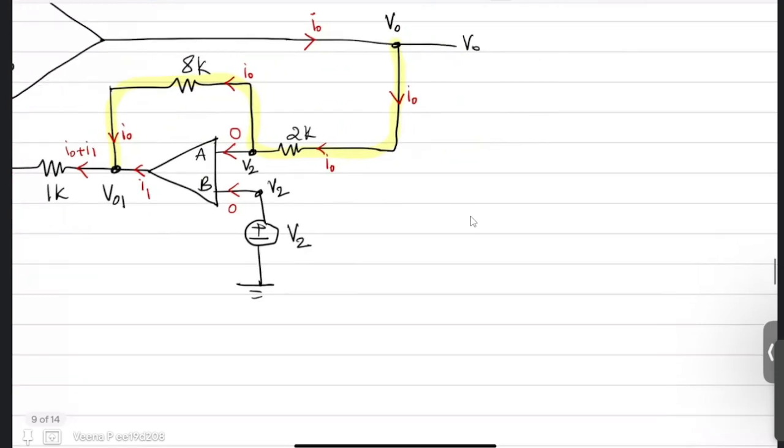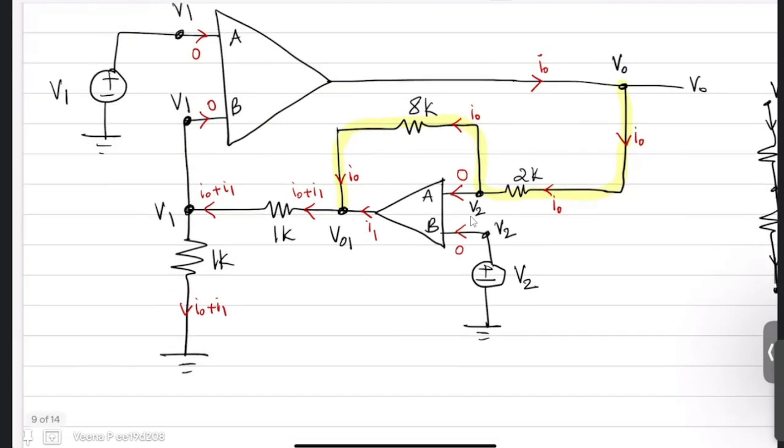If I redraw the circuit, this is your V0, this is your 2K, this point is your V2. Now this is your 8K and this point is your V01. So this is your one branch. You can directly apply your Kirchhoff's current law. So this current is I0 and this current is also I0.